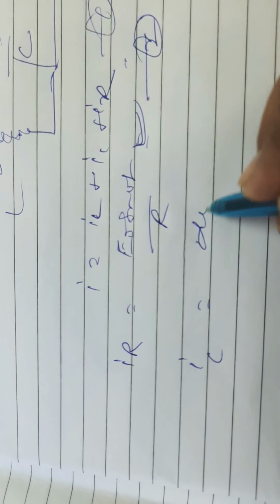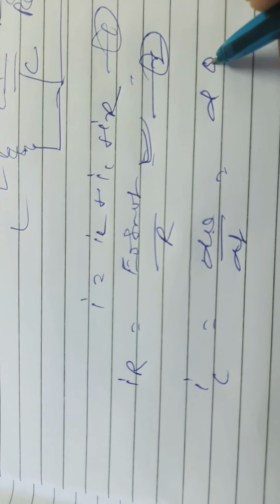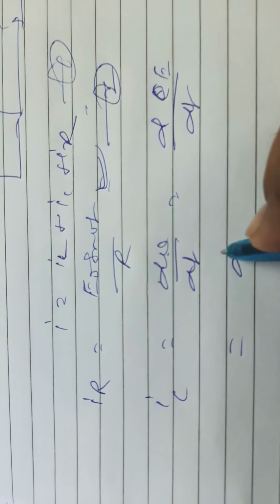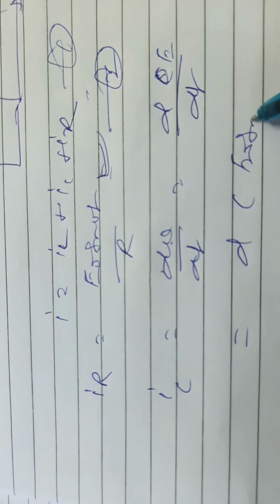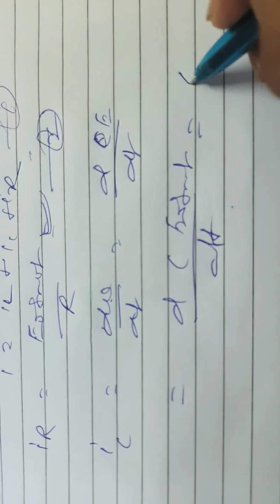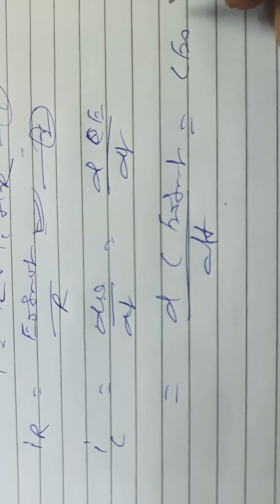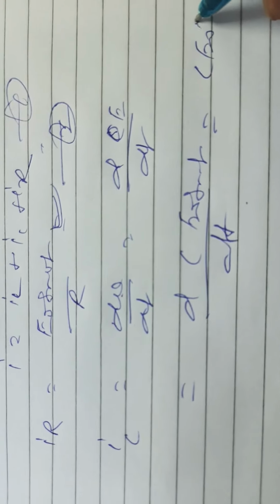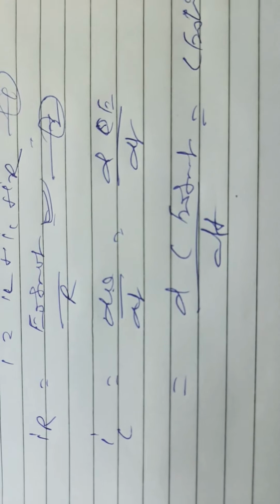Then we'll have IC. For IC we'll write dq by dt. In the place of q we write q is equal to CE, so d of C E naught sine omega t by dt, which after differentiation gives C E naught omega cos omega t. So this is your IC.